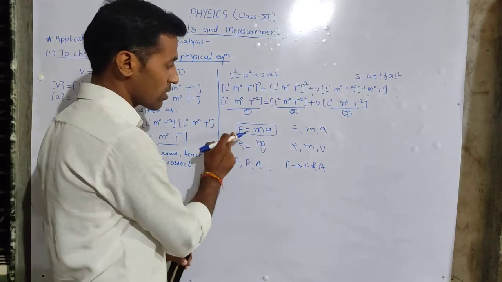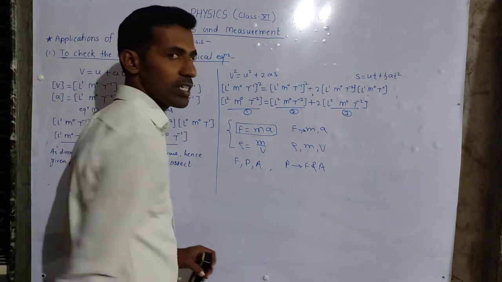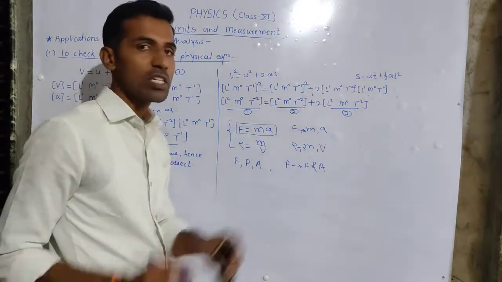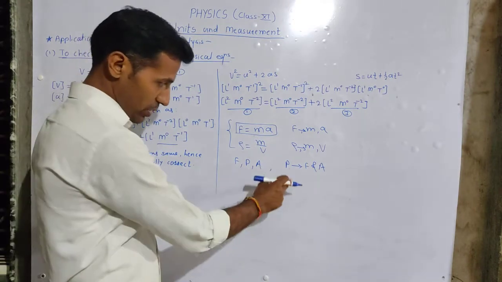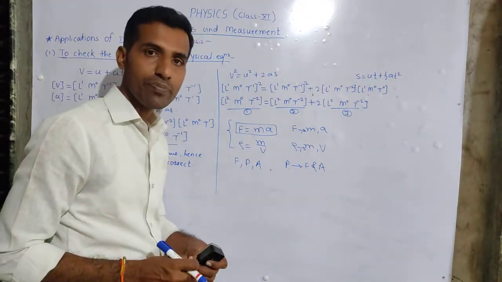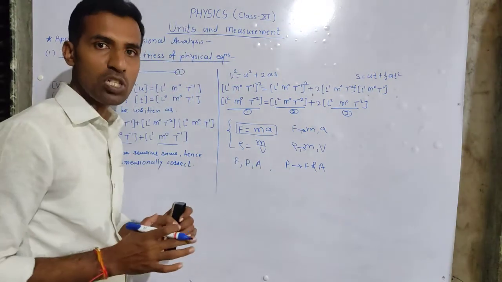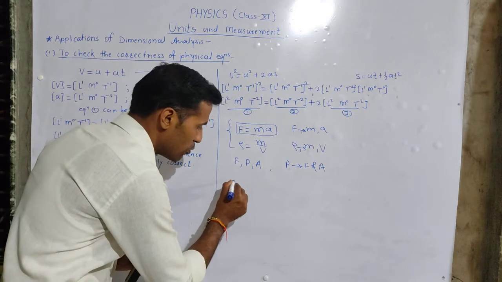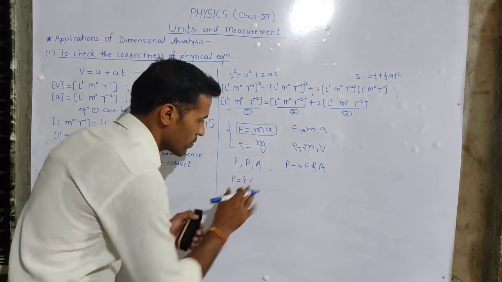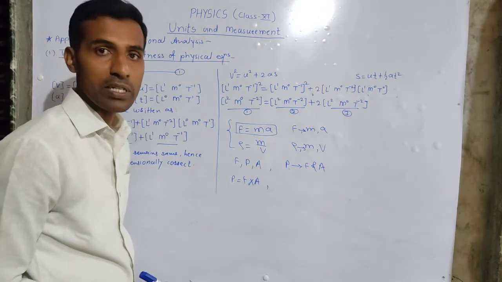In the first example, force depends on mass and acceleration. In the second example, density depends on mass and volume. Similarly, in the next example, pressure depends on force and area. So there are a number of possibilities. We can write pressure is equal to force into area. This is the first possibility.